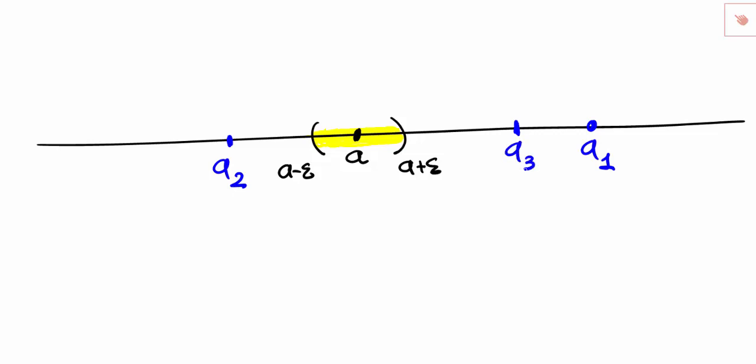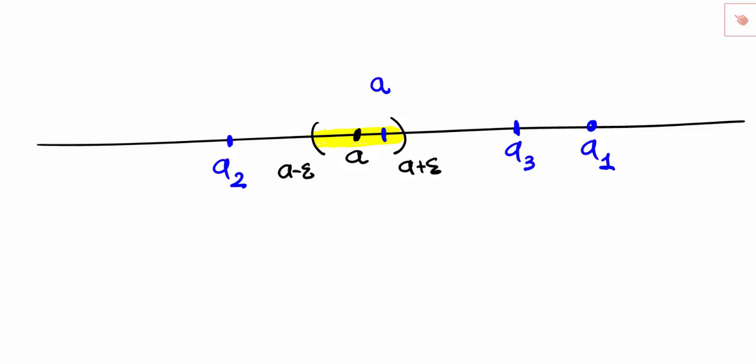But the fact that the sequence is assumed to be convergent means that eventually you will find some natural number N, so that once you pick a term of the sequence which is coming after the Nth term, every single term will be trapped in this bubble.